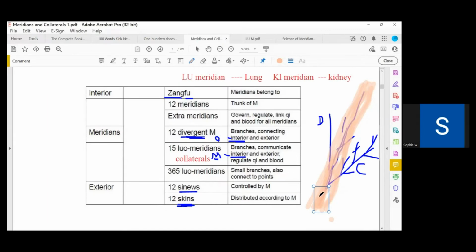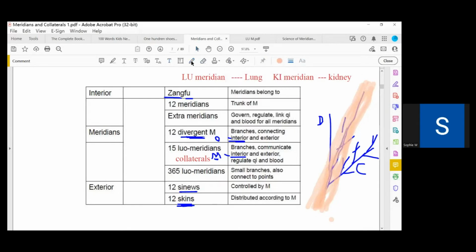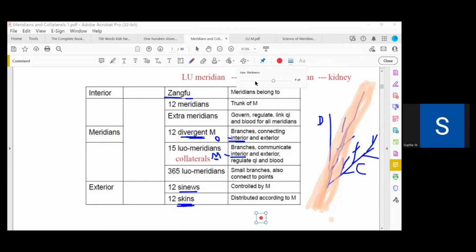Let's see this one, that's the lung meridian. This is the special branch we call lung divergent.